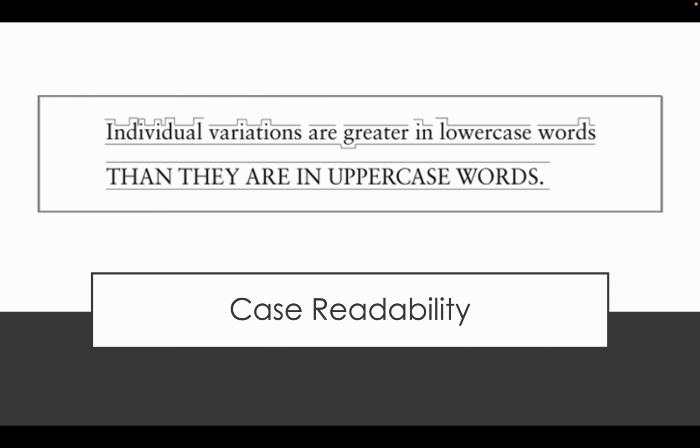And then you also want to make sure that your uppercase or lowercase is readable. So there are individual variations in lowercase words. In uppercase words, all the letters tend to be the same size.